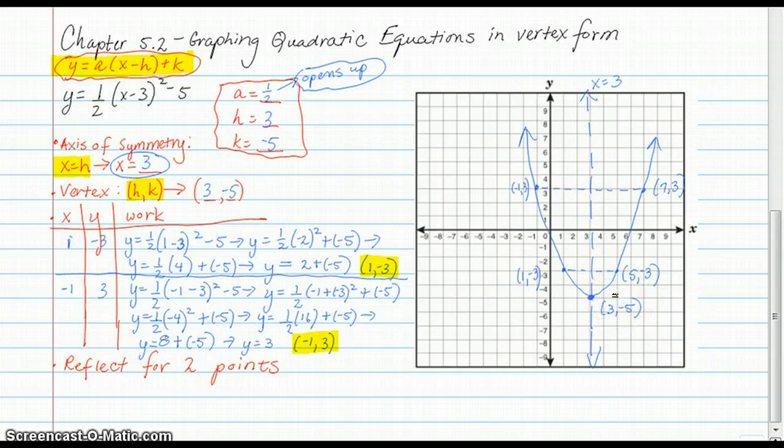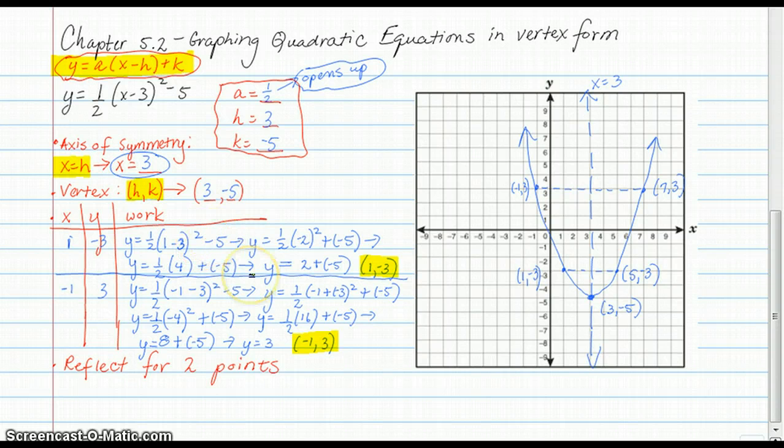Now, this one was a little more involved. If you'd chosen 0, which you might have done, you ended up with a bunch of fractional amounts. Likewise, if I had chosen 2, I would have ended up with a bunch of fractional amounts. So I chose to not end up with those fractional amounts, because if I can take half of an even number, then I'm good. So I chose 1, because 1 minus 3 is -2, 2 squared is 4.